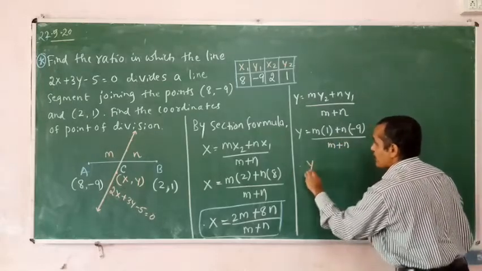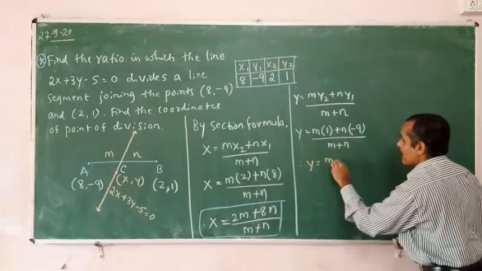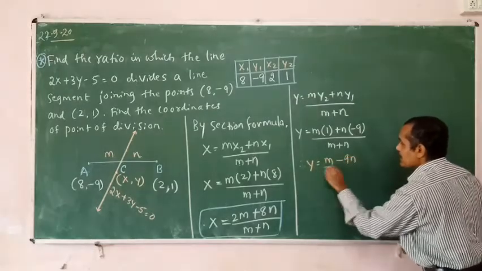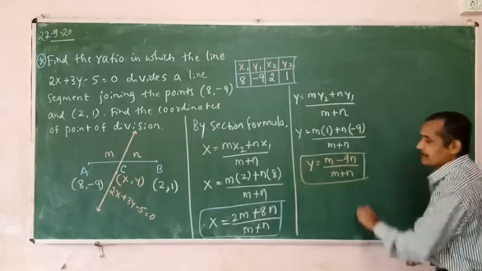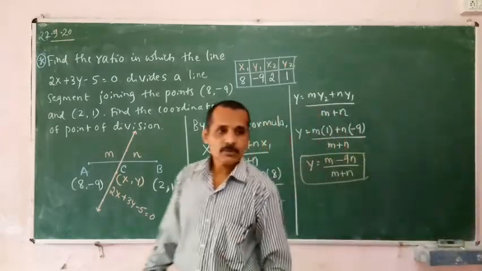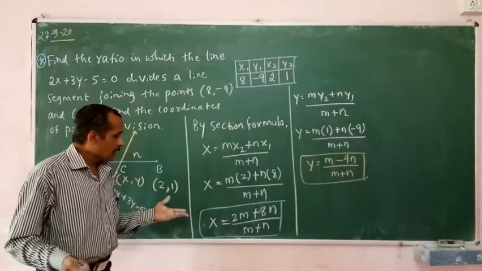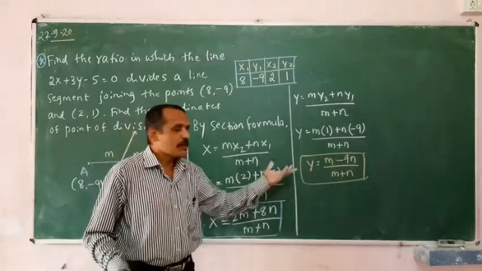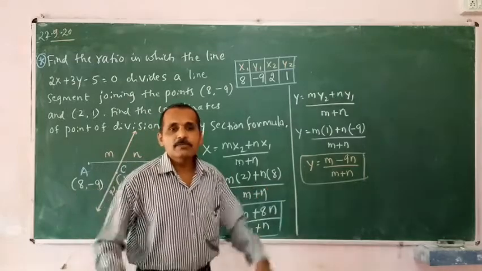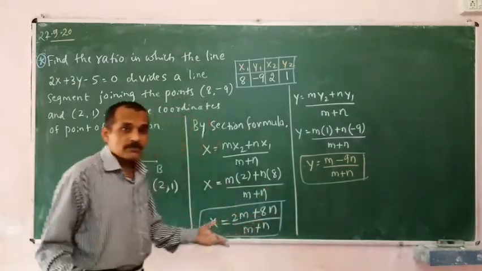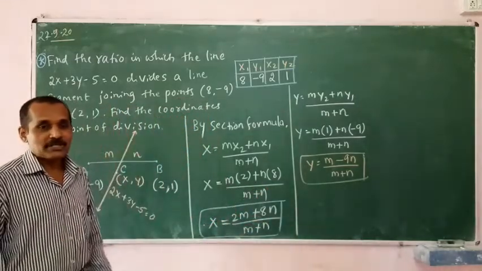Therefore, I can say y is equal to m minus 9n divided by m plus n. We are somewhere in between. What to do? Now what is to be done, my dear children?